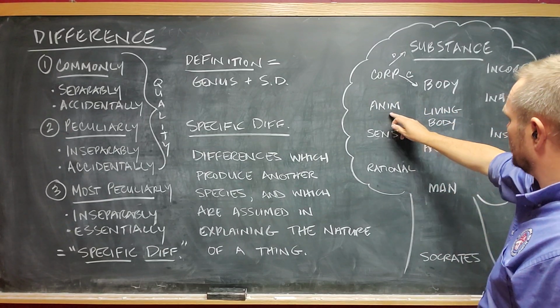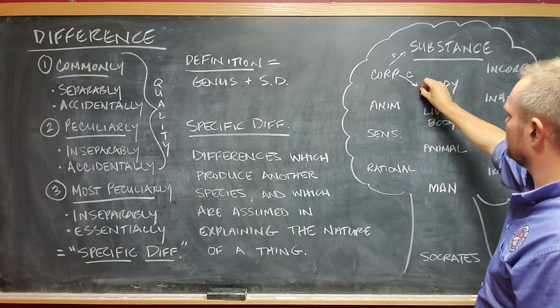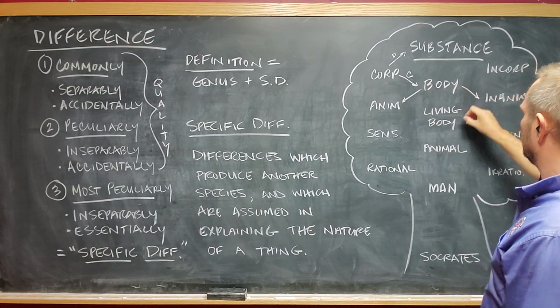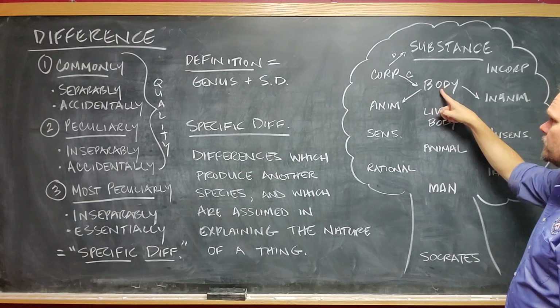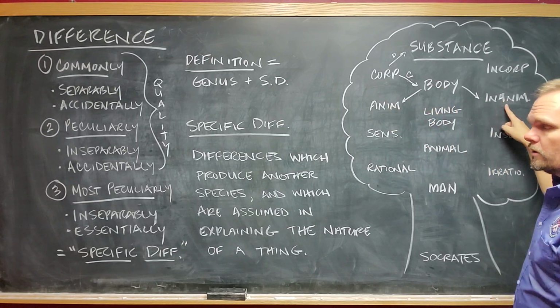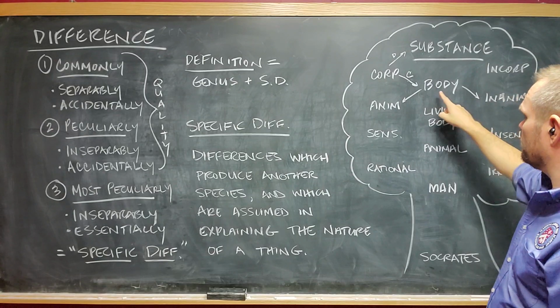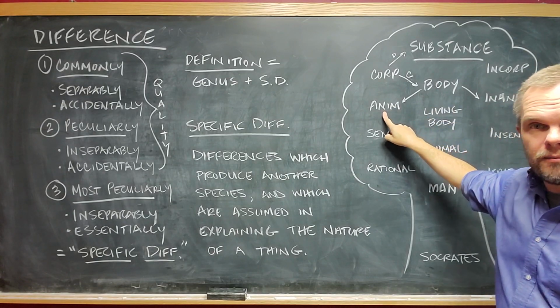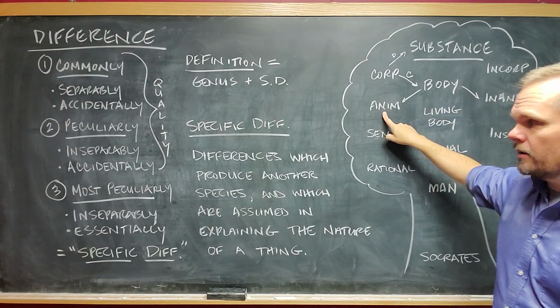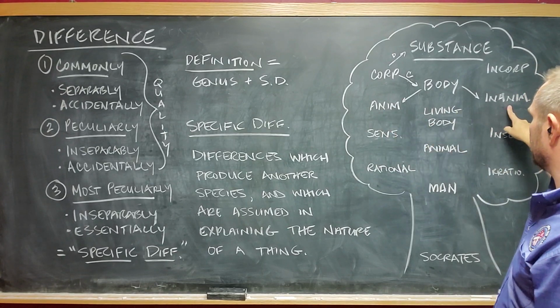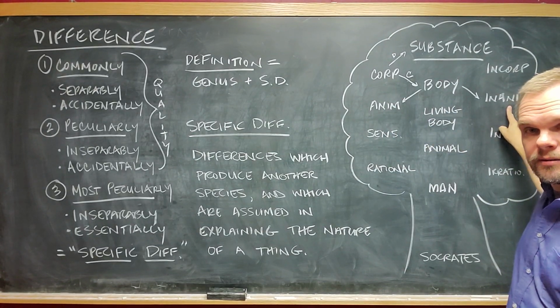If I continue on, body divides into two different species based on these specific differences. We have an animated body, so animated is a specific difference, and inanimated is its contrary.